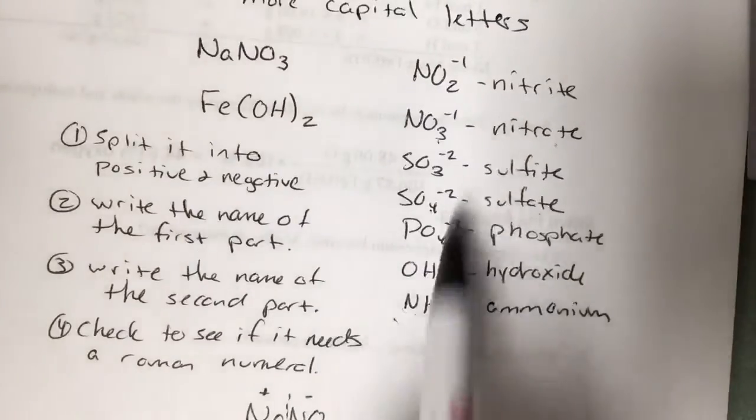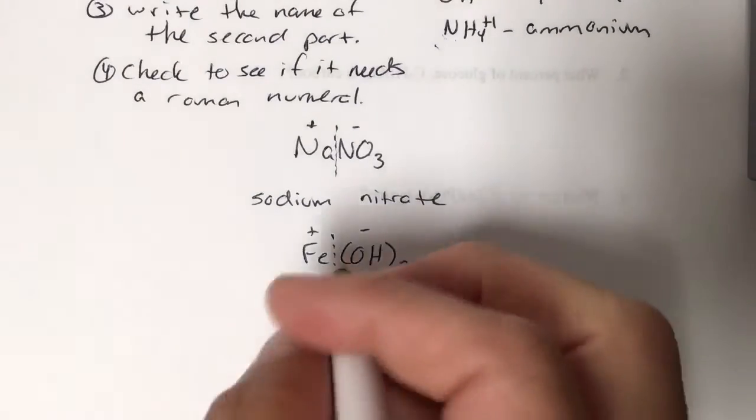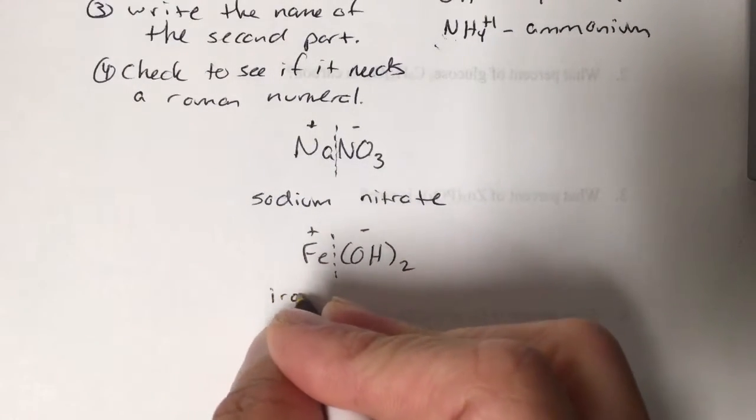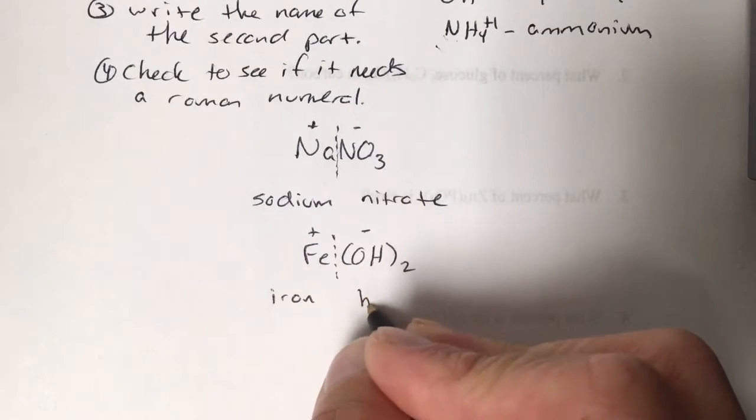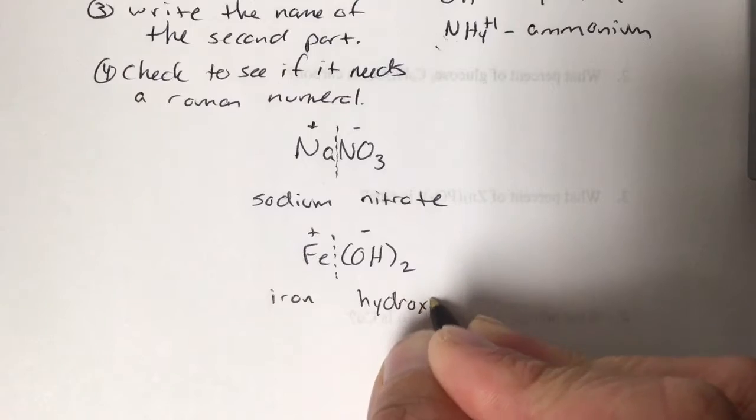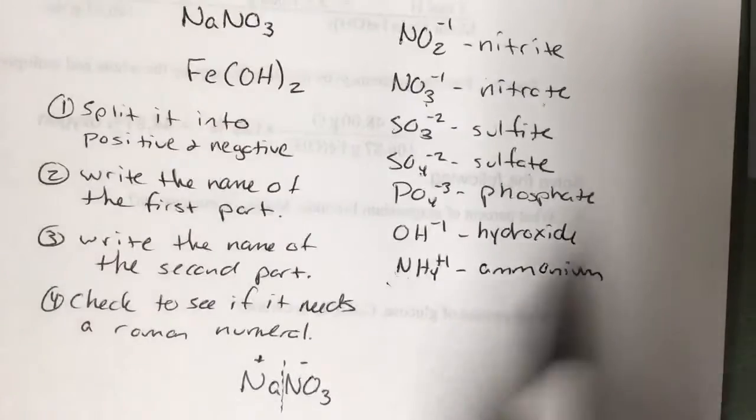The negative is going to be one of our polyatomic ions from that list up here. We've got to recognize it, and there it is, OH. And write down the name of the first part. Then write down the name of the polyatomic ion. That's hydroxide, again, just from the list, same name.